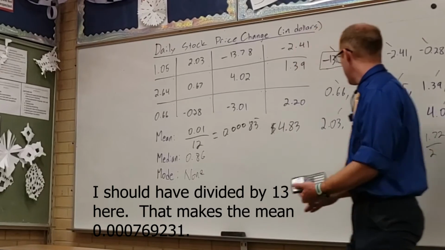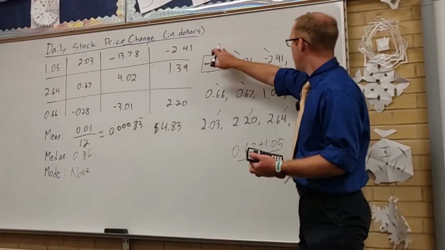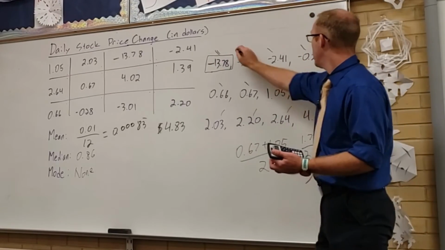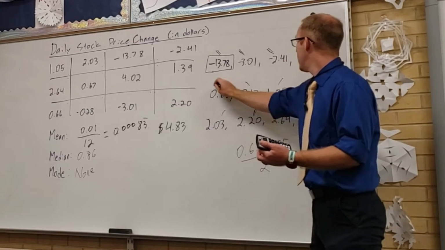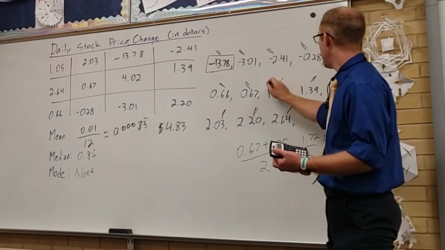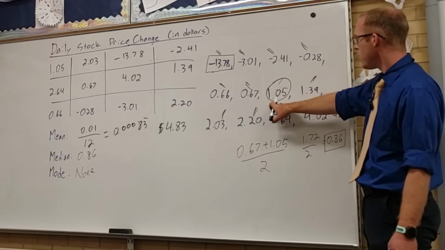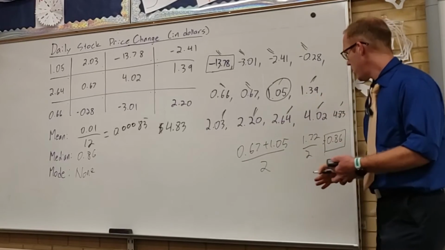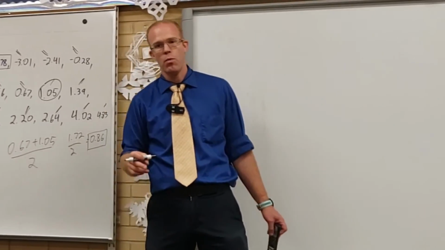The median changes a little bit too because the center is no longer here, so let's redo that. If we go from the ends, crossing off, we see now that that number is in the middle. We don't have to do any of these calculations. So our median is 1.05 now. And the mode does not change because we still don't have any numbers repeated more than once.